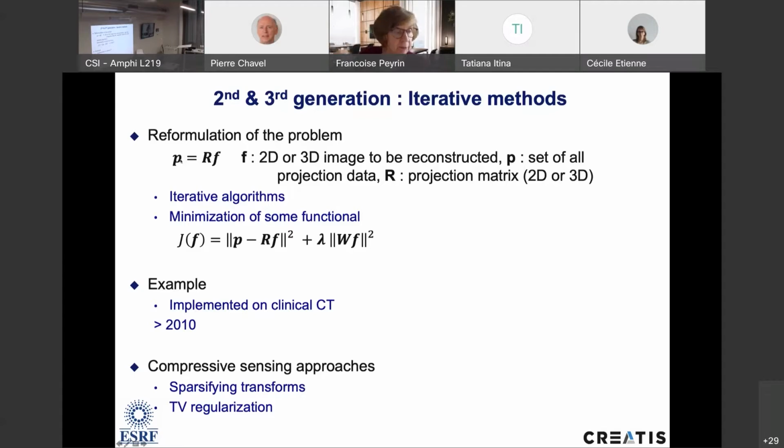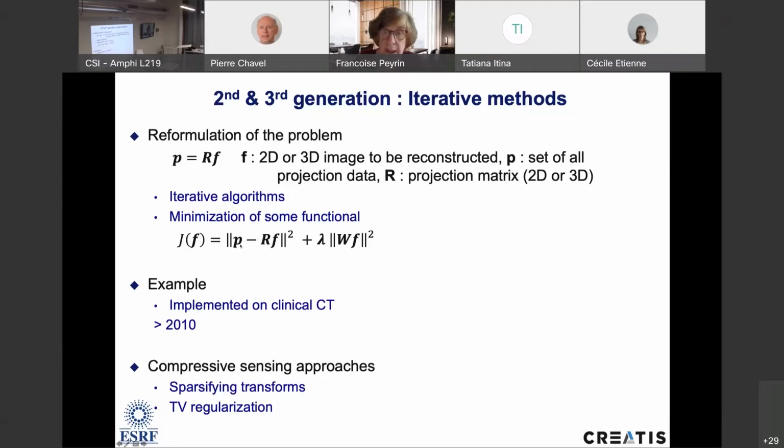P is a big vector containing all the projection data, and R is a big matrix containing all the information about the acquisition geometry, called the projection matrix. You have to solve a very big linear system, and it's not possible to invert it directly because it's too big and not necessarily invertible. So you generally use iterative algorithms, and it is equivalent to minimizing some functional, to find the image F that fits the data in a mean square quadratic error sense.